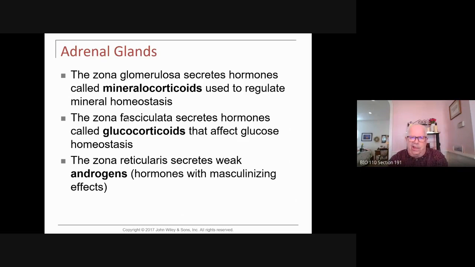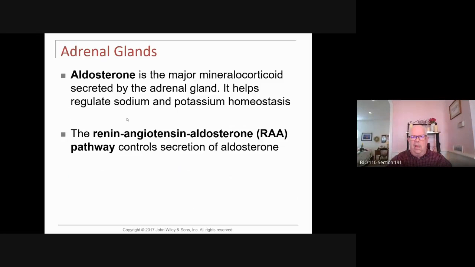The zona reticularis secretes weak androgens, hormones that give you a masculinizing effect, like testosterone, but weaker. There's aldosterone, and it regulates, as Kennedy told us, sodium and potassium homeostasis.